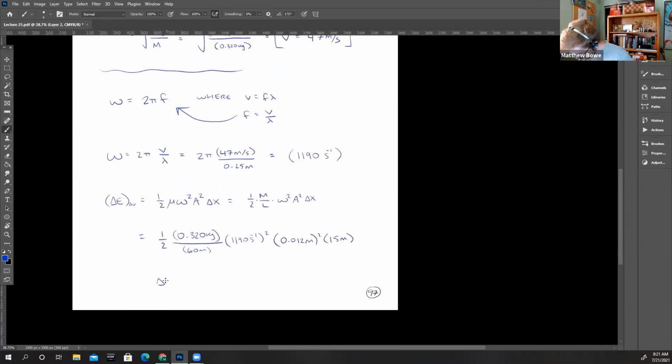In the end, the average energy of this specific segment is 8.2 joules.